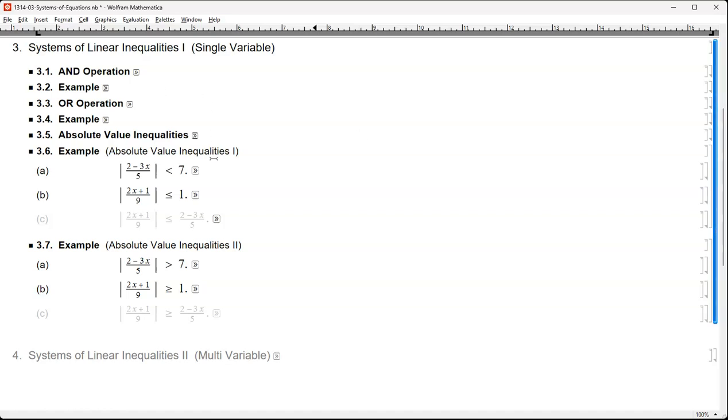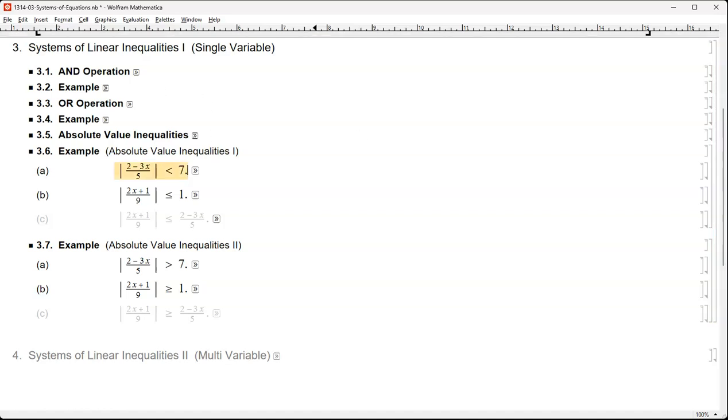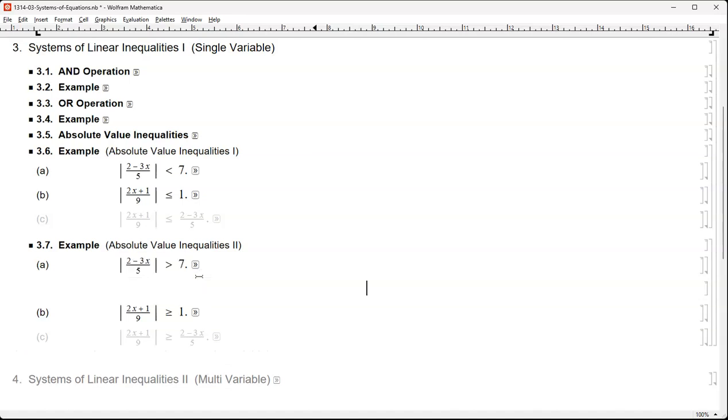AND operation is typically easier and more important for us. As for OR operation, please consider this as a preview of what's to come as a matter of fact.